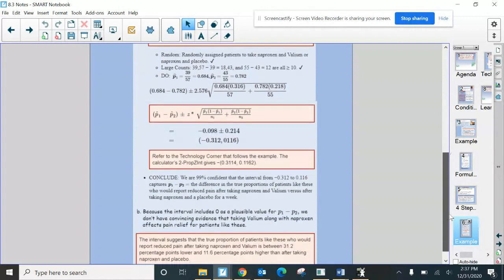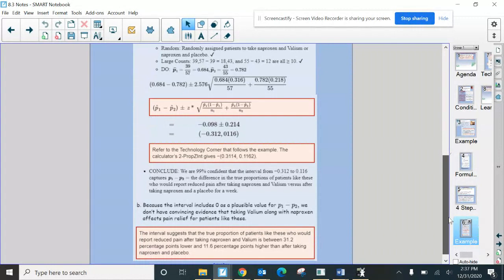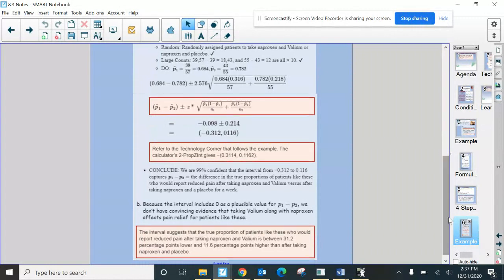the conclusion is we are 99% confident that the interval that we found, negative 0.312 to 0.116, captures the true difference between patients like those who would report reduced back pain after taking naproxen Valium versus taking naproxen and placebo for a week.